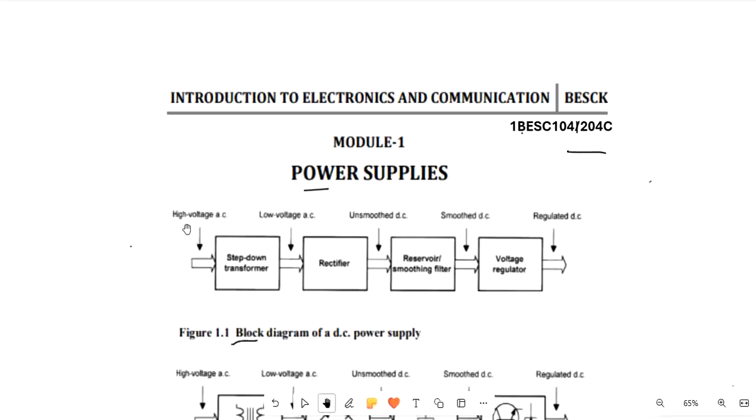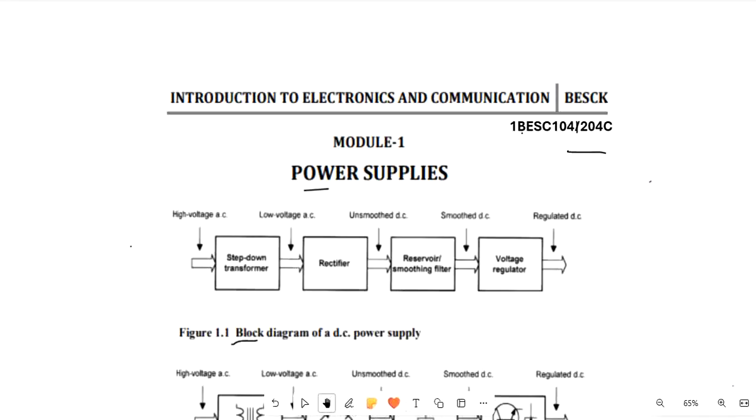But most electronic components use DC supply. For example, a charger's maximum voltage is 9 volts or 5 volts. So we are converting this AC supply into DC supply and also reducing the voltage. The first block is the step down transformer.